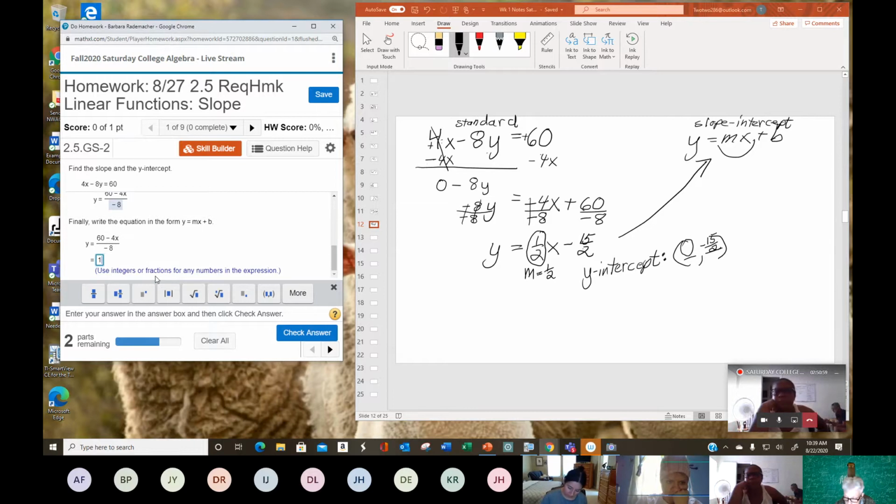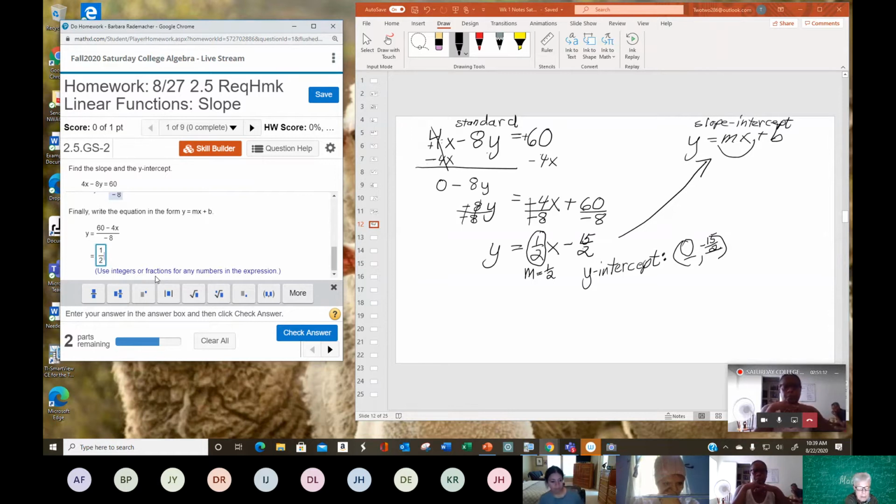Let's just say 1 divided by 2. Okay. Now, I have to hit the right arrow key on my keyboard, and you can't see my keyboard. So just hit the right arrow key so you can come out to the end. So now the cursor is out here. And then minus, I think this is going to be wrong, by the way, 15 over 2.